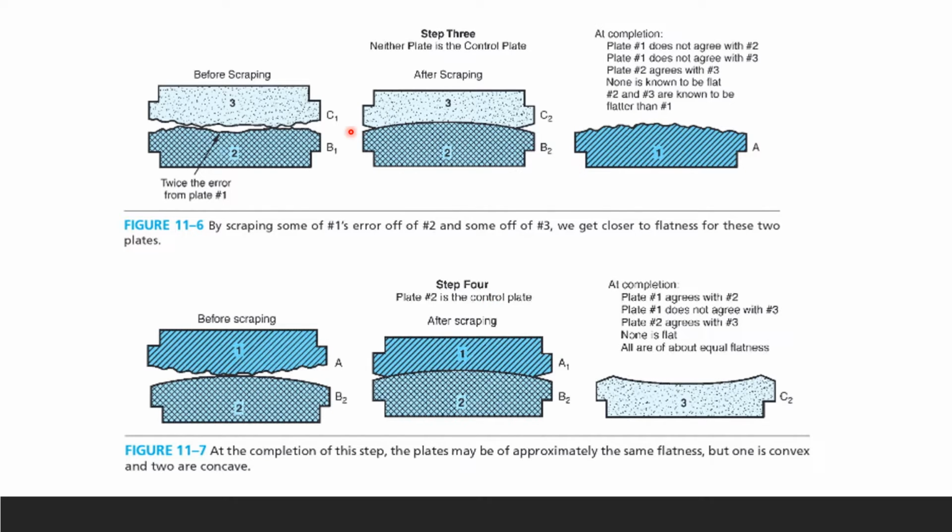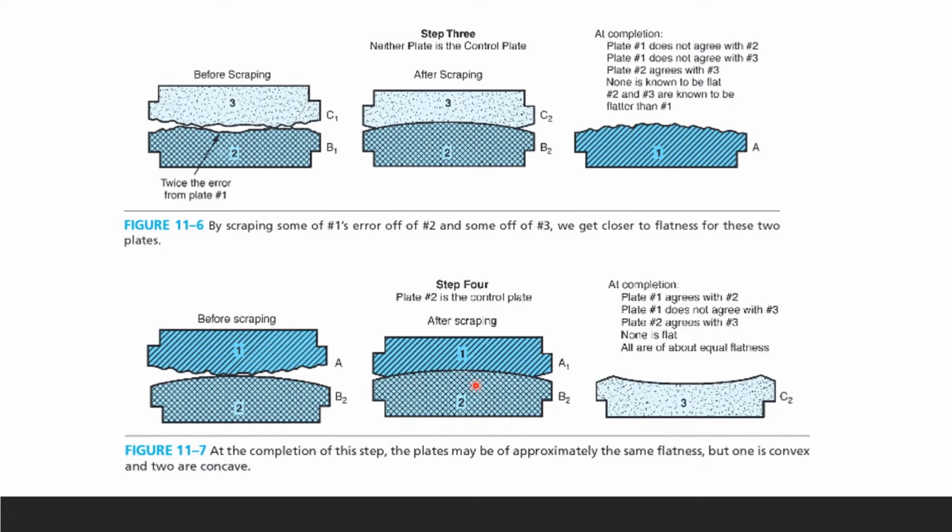Here again, we don't have any control plate in step 3. In step 4, we have number 2 as our control plate. Again, you're trying to find better agreement between the two plates. So at the completion of this step, this is after scraping and that's before scraping, just like step 3, the plates may be of approximately the same flatness, but one is convex and the other one is concave, okay?